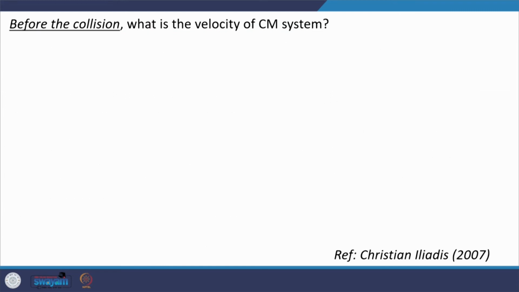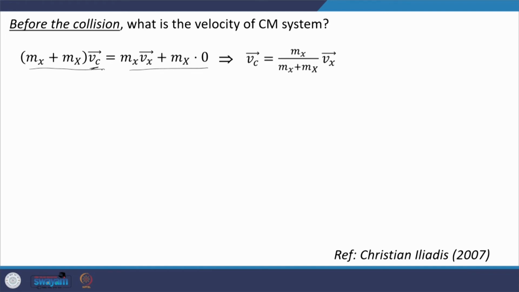So, before the collision, what is the velocity of the center of mass system? It is given by this expression, where the terms are self-explanatory. I am talking about the velocity of the center of mass, which is given by this relation. All right. And what are the velocities of the projectile and target nucleus in the center of mass frame?